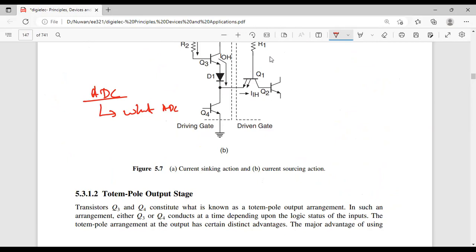That kind of thing you should know, then you can write the paper very well. In addition to the design procedure, you should know the general information also.